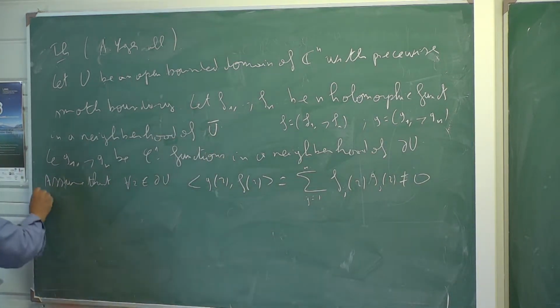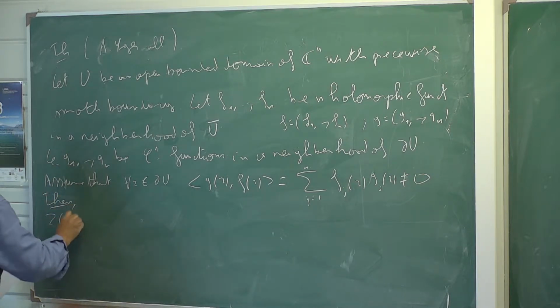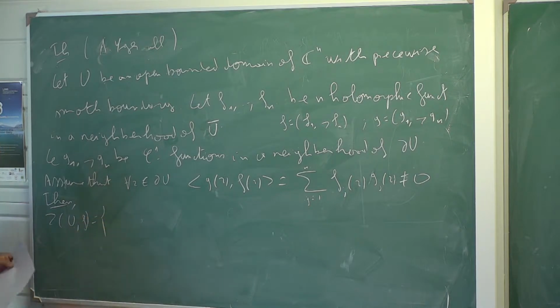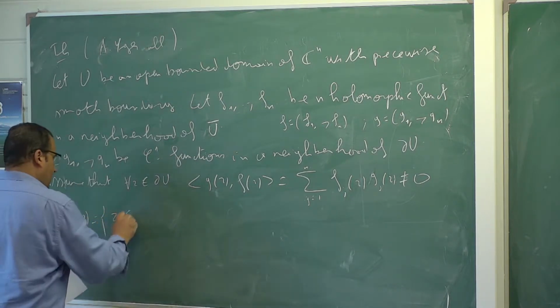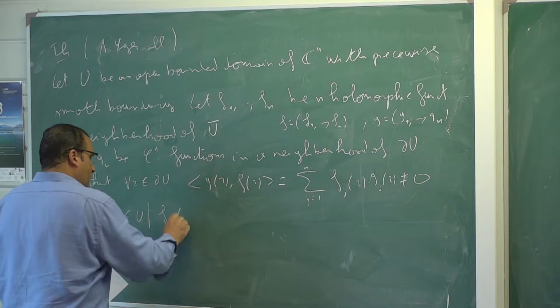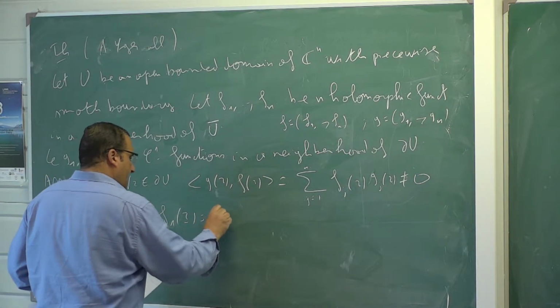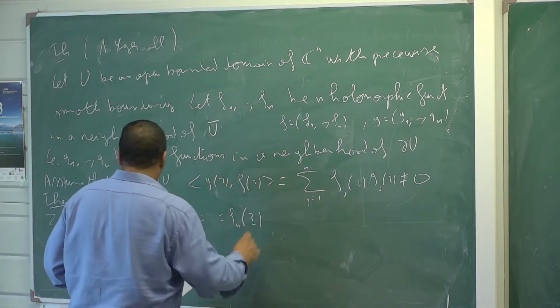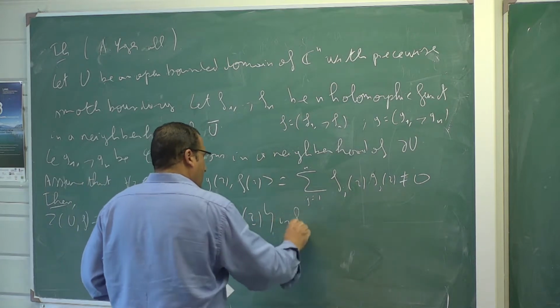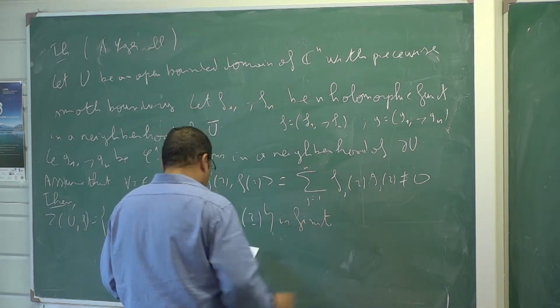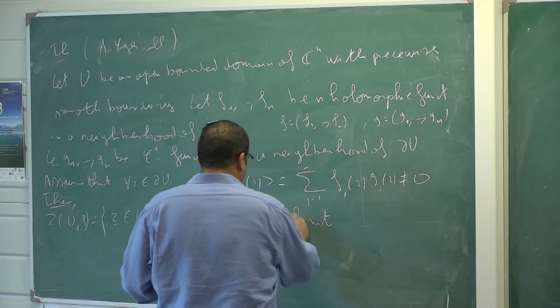Then the set Z_UF, defined as the set of points z in U where all these functions vanish, is a finite set.